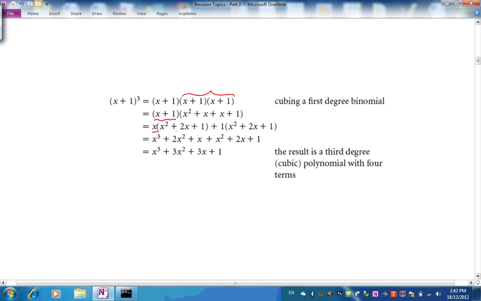So it's x lots of x squared plus 2x plus 1 plus 1 lot x squared plus 2x plus 1. When we do all that, we can collect up the terms that are like each other. 2x squared and x squared makes 3x squared, x and 2x make 3x. So you're getting the idea of how to build these polynomial expressions from multiplying or expanding linear binomials here.